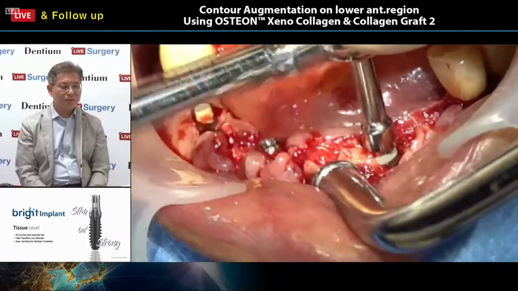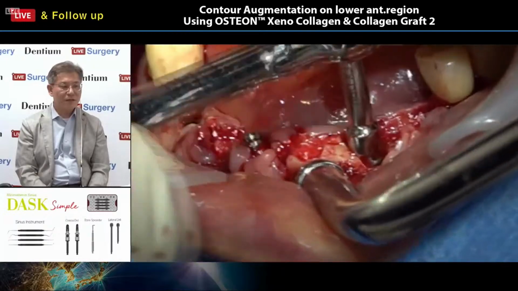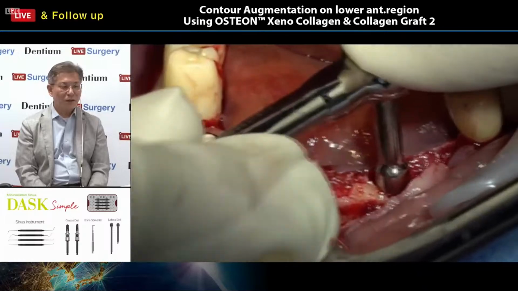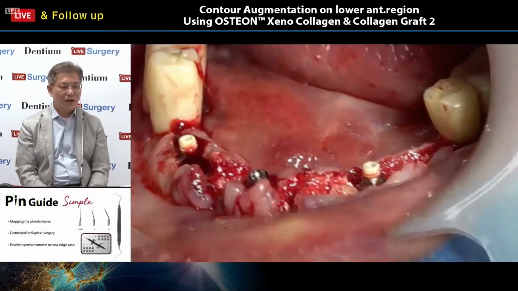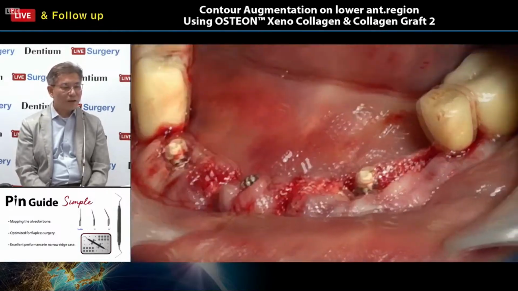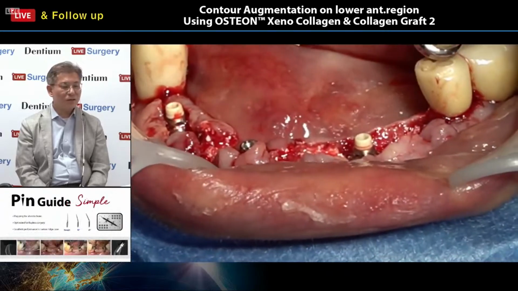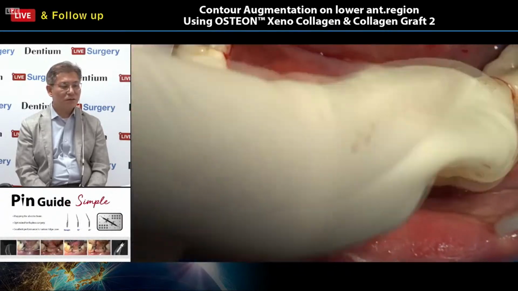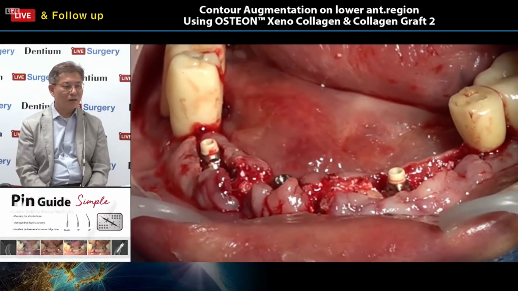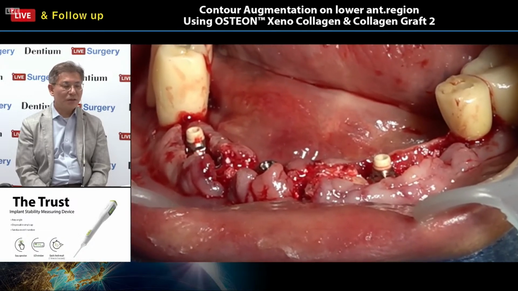50 RPM. Okay. So hand ratchet engagement for a little bit more hand torque, to get higher and higher initial stability. I guess the insertion torque was over 50 minimum. 50 is a very important score number.